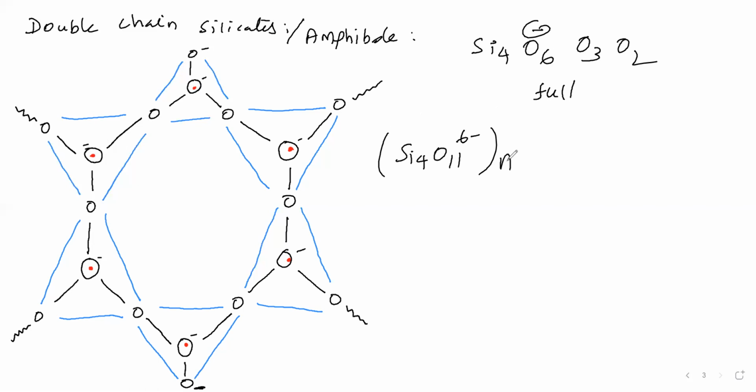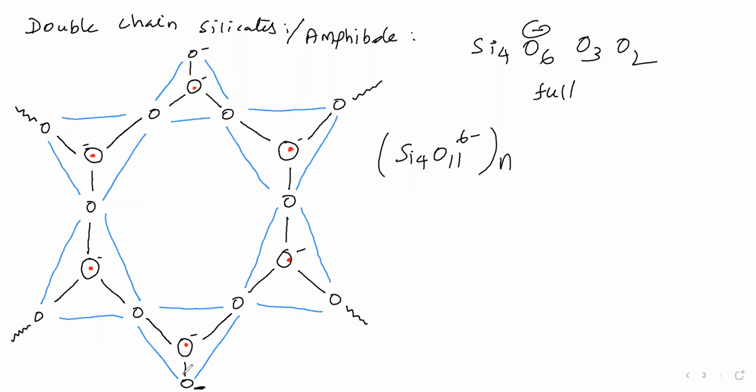In this case, how many oxygens are sharing? In this SiO4 unit, 2 oxygens are sharing with the neighboring SiO4 unit. In this SiO4 unit, 3 oxygens are sharing with the neighboring SiO4 units. Here in this SiO4 unit, 3 oxygens are sharing with a neighboring SiO4 unit.